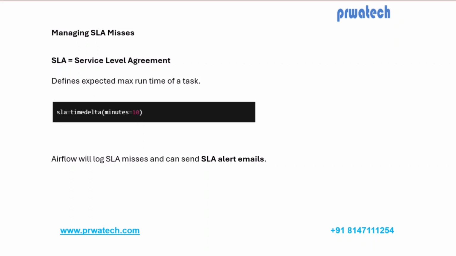In that case, SLA monitoring is important. Alerts help prevent downstream failure or delays. It is commonly used in a marketing email job that must finish before 6 a.m., a daily sales report that must be ready by 9 a.m., and high latency tasks like big ETL loads. It is useful in these cases.